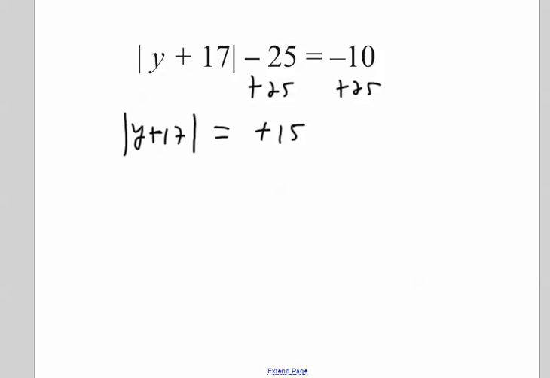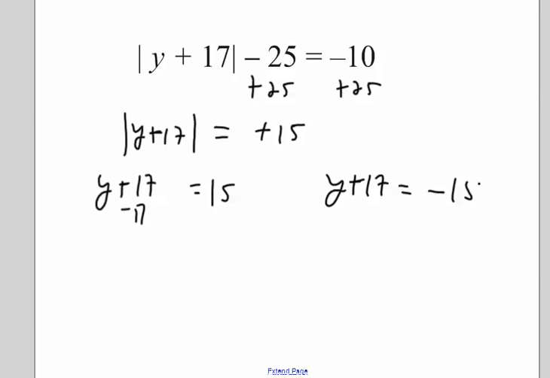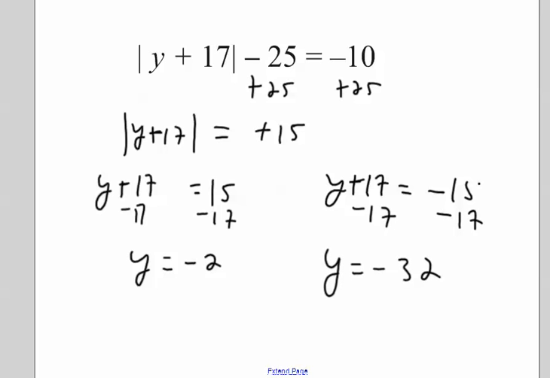It's either going to be positive 15 or negative 15. So I have the y plus 17 in two locations. I subtract 17 and I get y is negative 2, and also I subtract 17 here and I get y is negative 32.